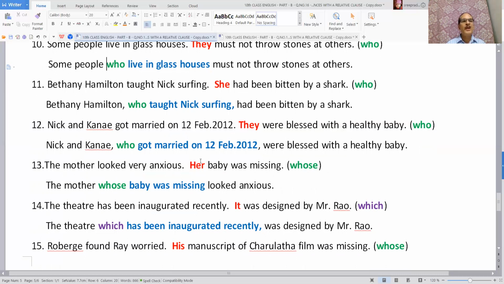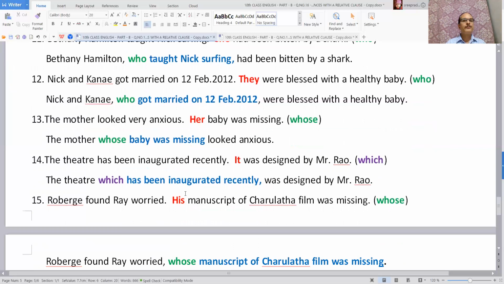Her baby means whose baby? Her baby was missing. Whose baby was missing? The mother's baby was missing. So when a possessive pronoun is given, we have to use whose only. So the mother whose baby was missing looked anxious. So whose baby was missing is a defining relative clause.